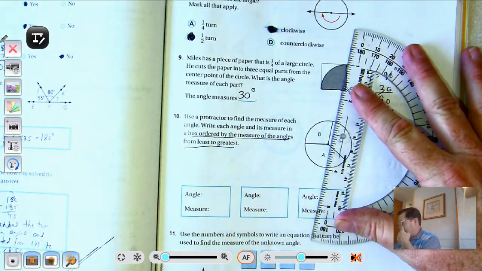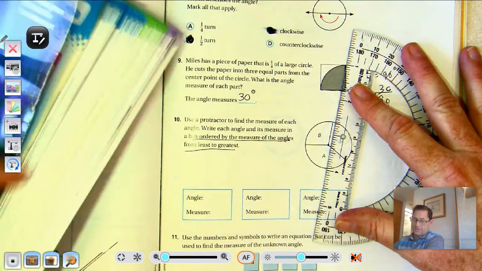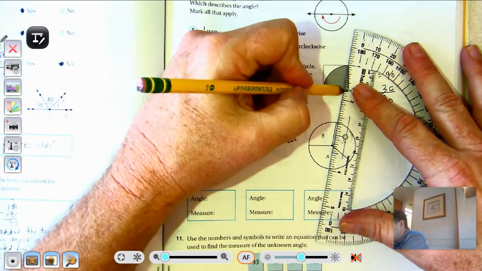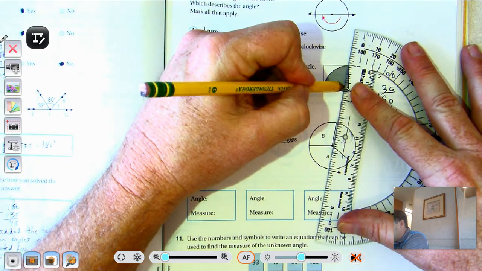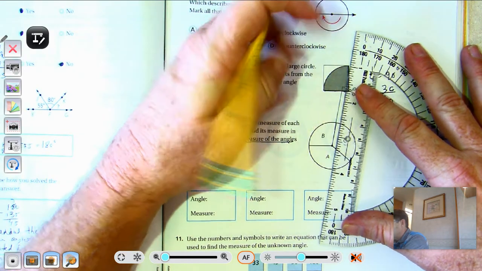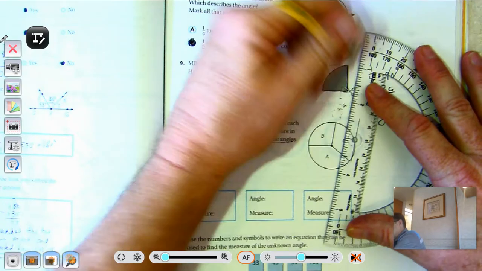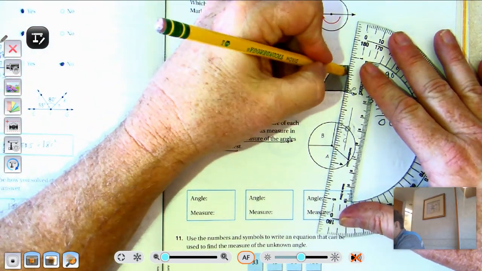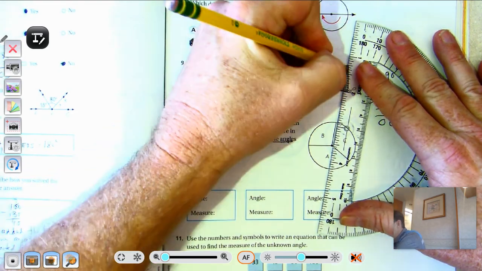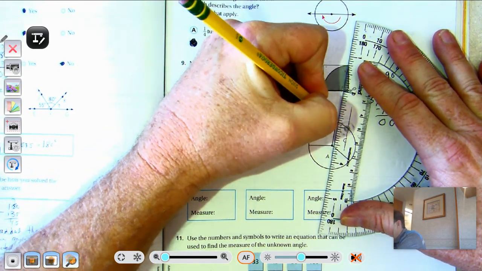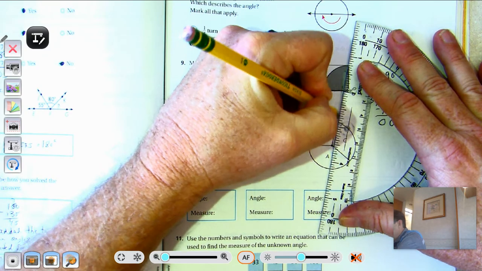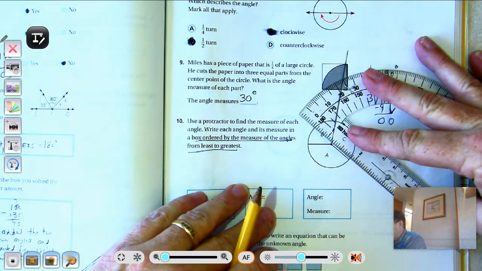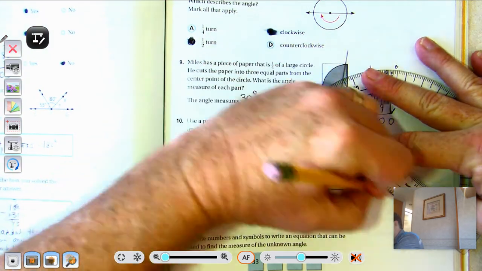Before I do that, I want to extend my lines out so I can see it easily cross the protractor. We'll extend them all while we're at it.